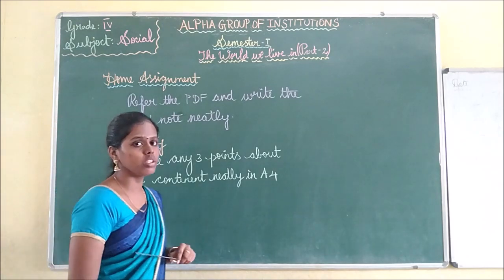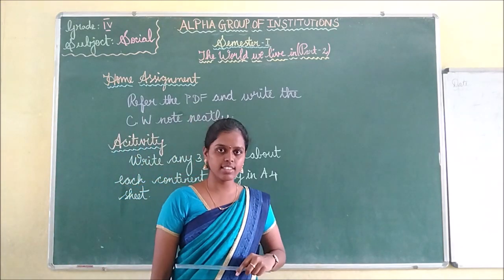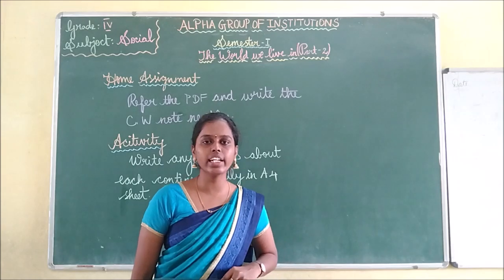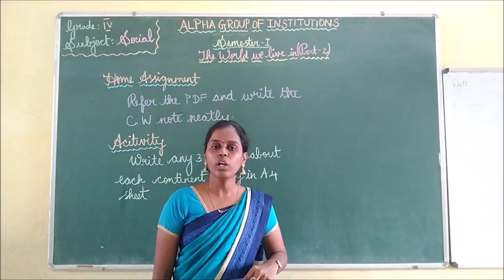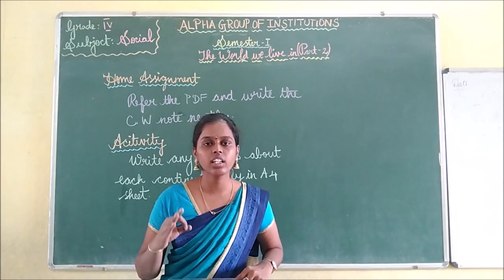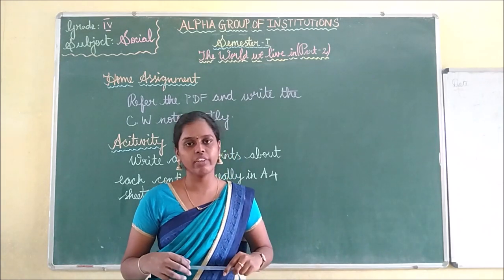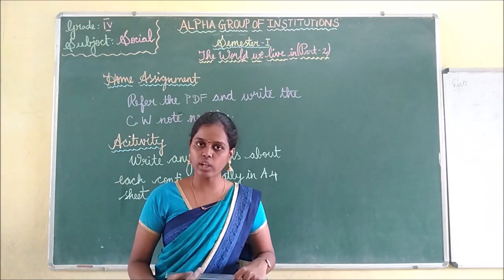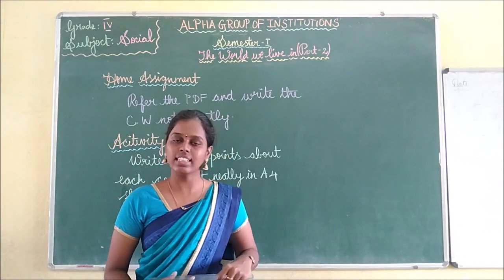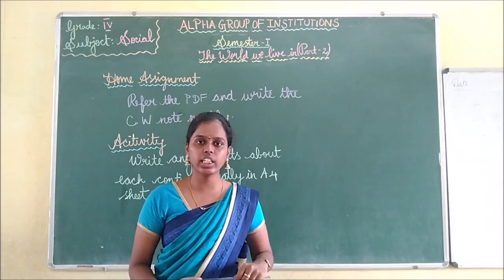We have seen 7 continents in the world, and we have so many points about each and every continent. You have to write any 3 points about each continent neatly on an A4 sheet.